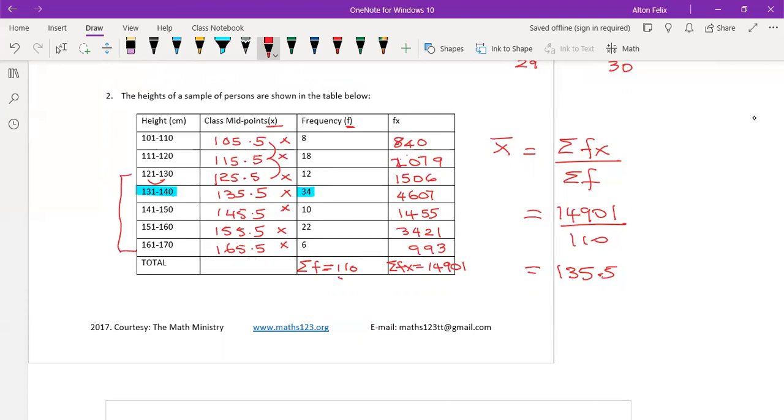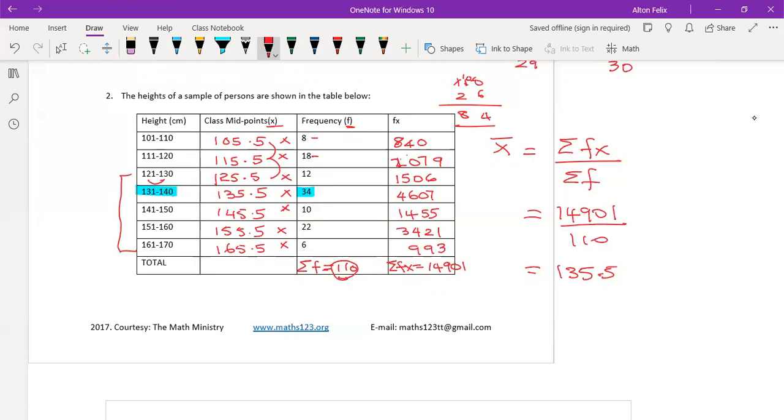So remember, the total is 110 of them. And let's see how many is less. So it's 26 is less. So it means that 110 minus 26. Right, we borrow 1 from here. Right, 84 would be 121 and more.